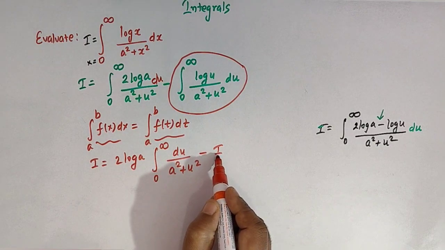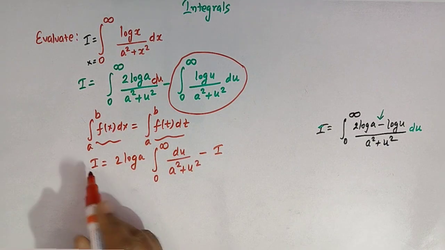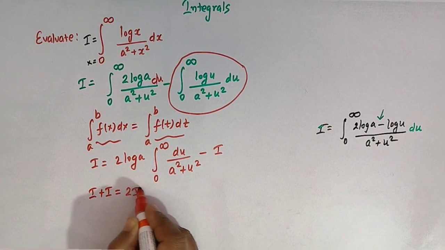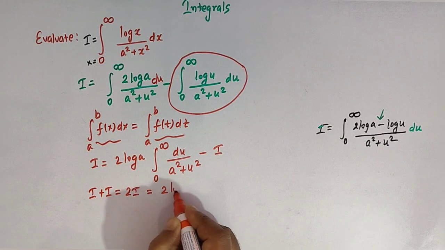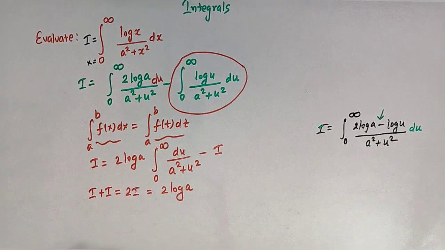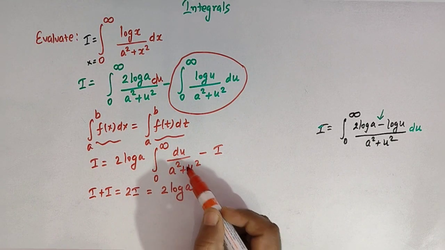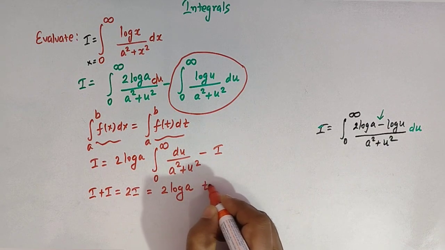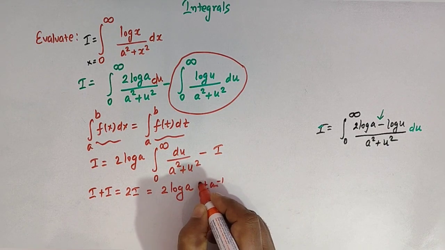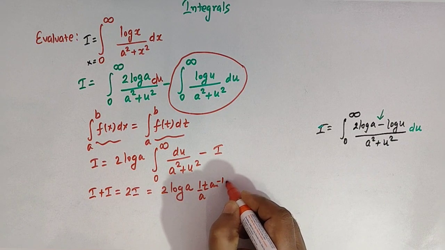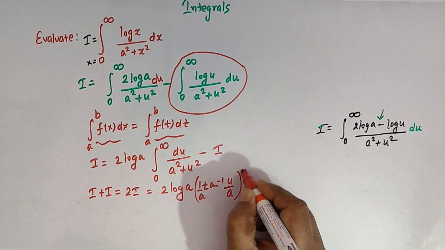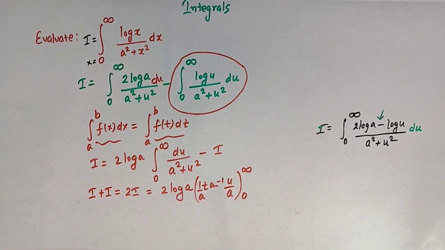Now we can take this I to this side, so this is I plus I, 2I, and this is equal to 2 log a times the integral of 1 over a square plus u square, which is 1 over a tan inverse of u over a, and the limits of integration are from 0 to infinity, right?